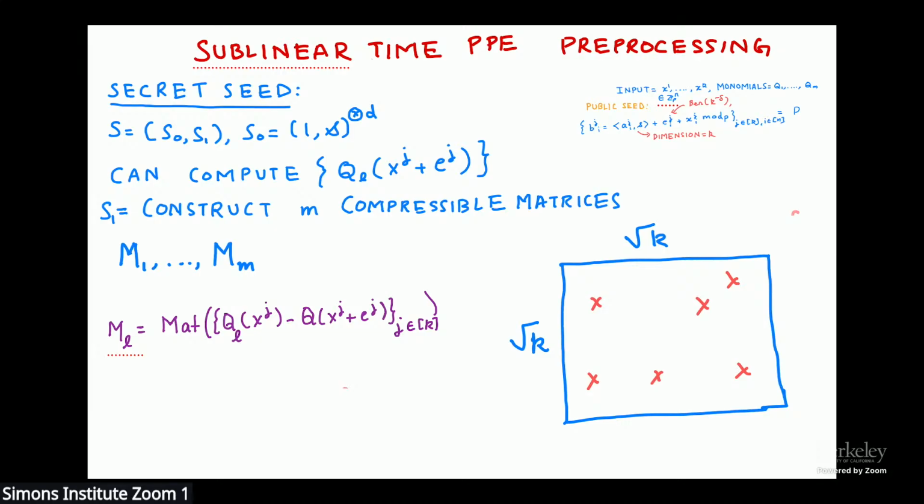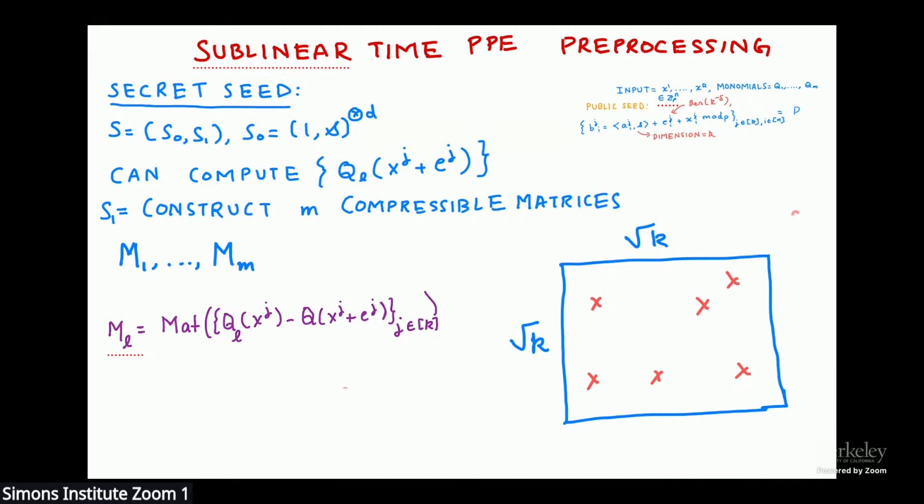Okay. Now it's not going to be an m cross m matrix. This is a much smaller matrix of dimension k. The number of entries is k, so it can be written as a root k cross root k matrix. The next thing I'm going to do is use the observation that most of these entries are 0. How many of them are 0? All but a k to the minus delta fraction.